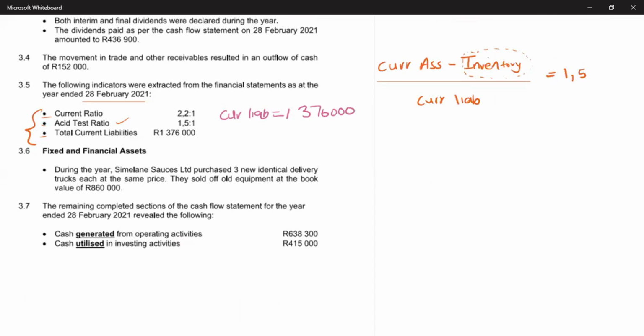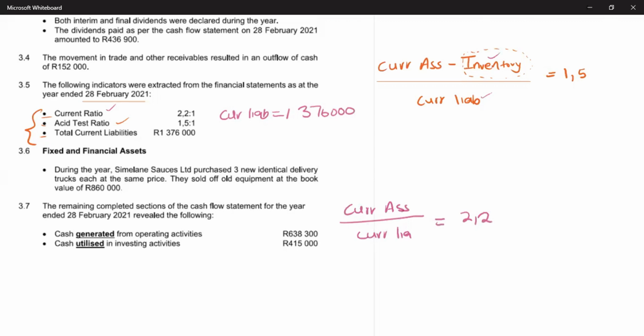So I have my current liabilities. Remember, I'm looking for this. Can I find my current assets? Remember, I couldn't add all my current assets because I don't have my trading stock balance. I'm going to make use of which ratio here, which has your current assets? This would be your current ratio. So remember, with your current ratio, it's your current assets divided by your current liabilities. And in this instance, our current ratio was equal to 2,2. Right?